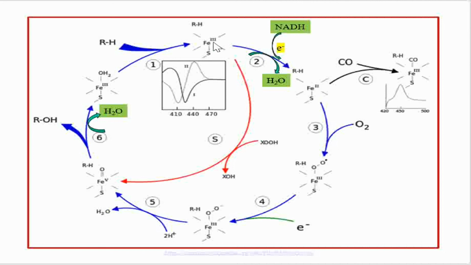You can see that this Fe3+ center can be reduced to this Fe2+ center, and here it is 5 coordinated. Here also the iron is 5 coordinated, but due to the transfer of electron from NADH, this iron center will reduce to the Fe2+ center, that is 5 coordinated.